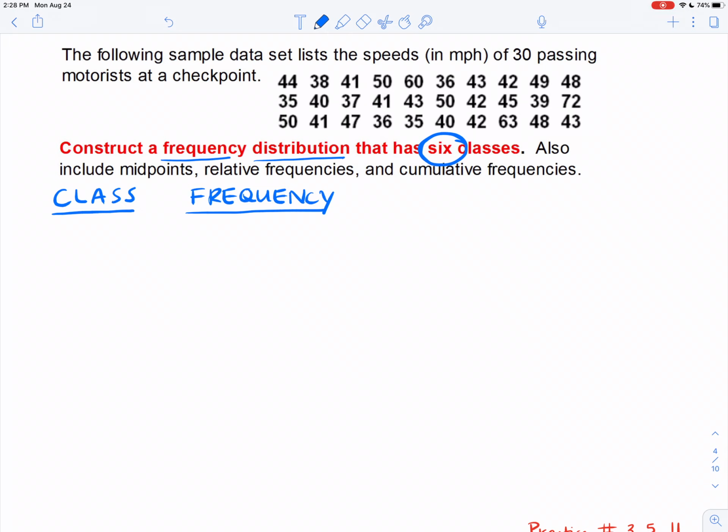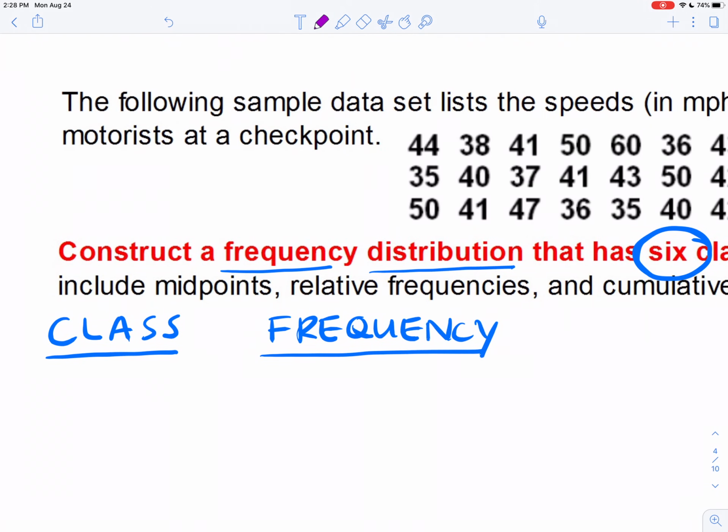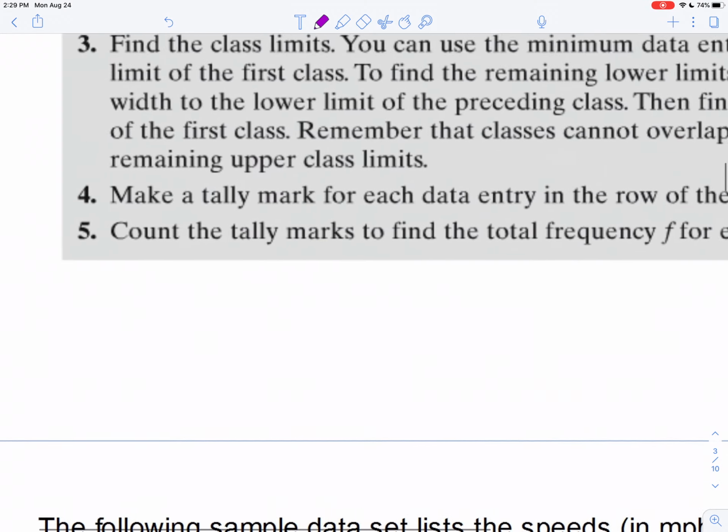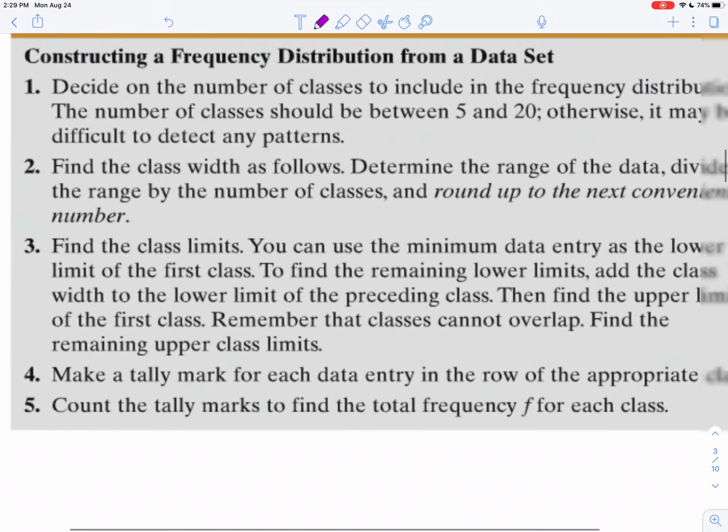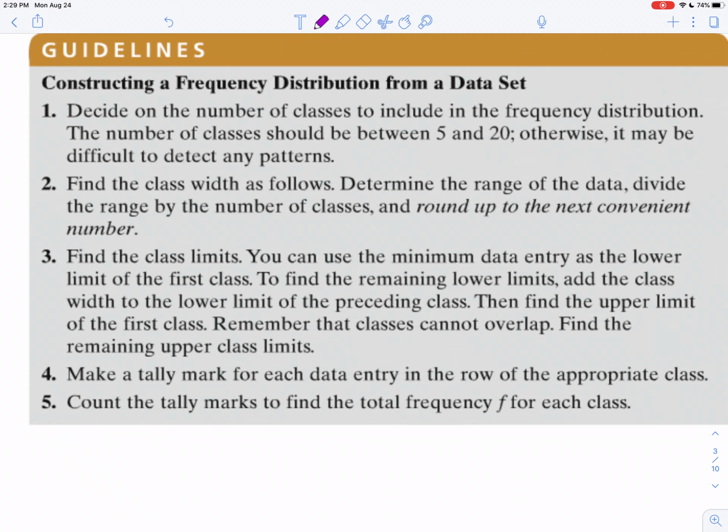All right, so first thing I'm going to do, I'm going to look at the fact that this needs 6 classes, and I'm going to come up here and calculate what class width I should use to construct these classes. Now, this is a formula. I know we just defined class width as the difference between consecutive class limits, but notice we don't have the limits yet.